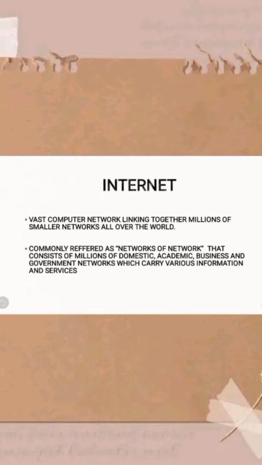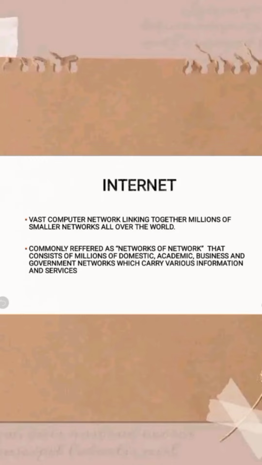Then, difference between Internet and World Wide Web. So, Internet is a vast computer network linking together millions of smaller networks all over the world. It is commonly referred to as the network of networks that consist of millions of domestic, academic, business, and government networks which carry various information and services.